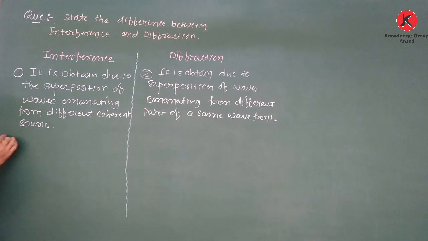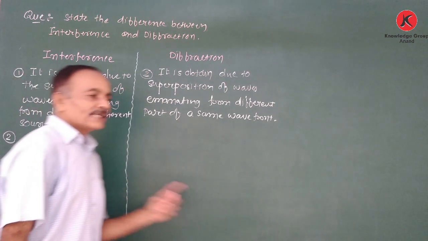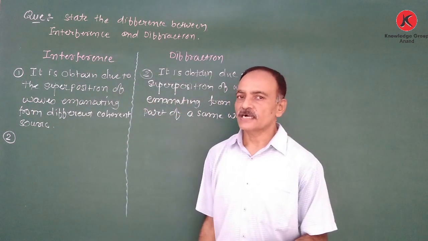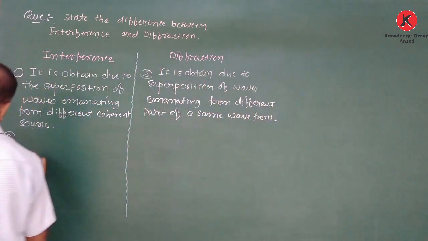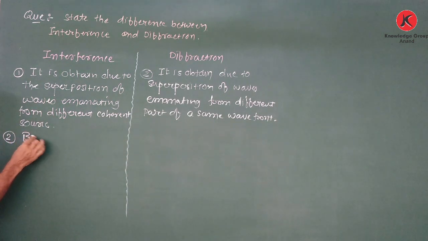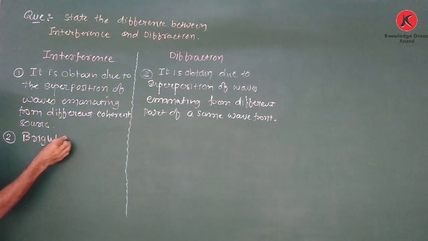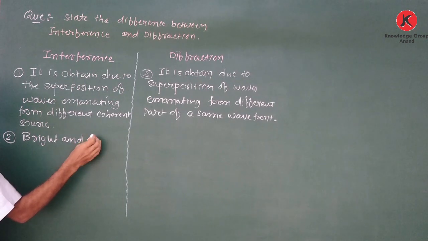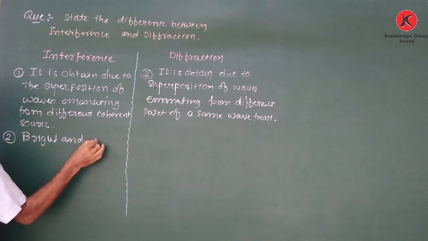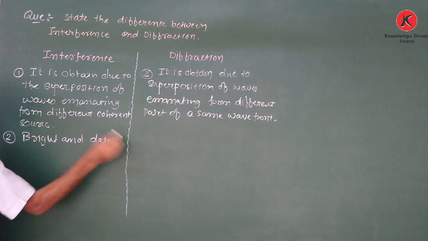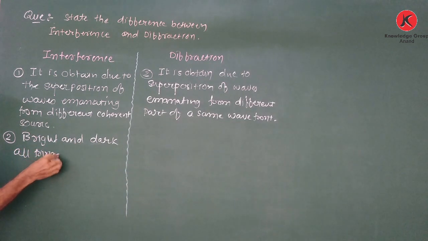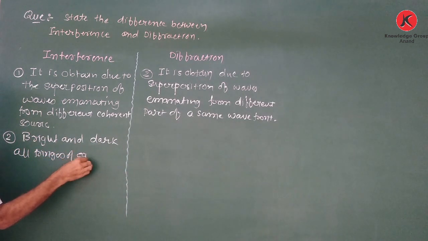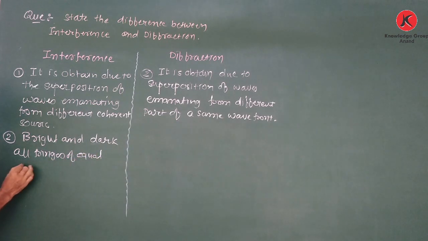Now the next is: dark and bright fringes are of equal width in interference. Bright and dark, all fringes are of equal width.